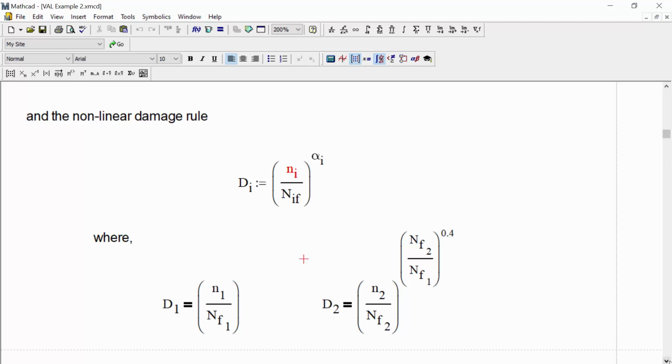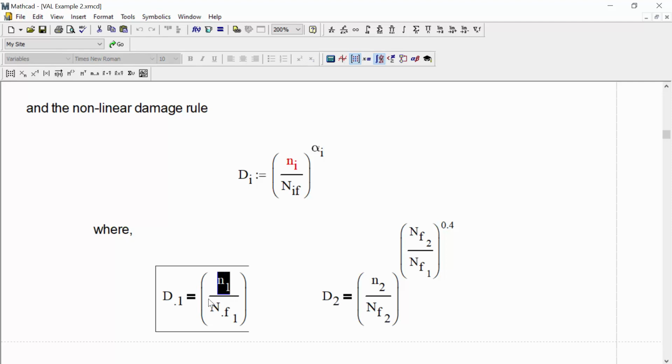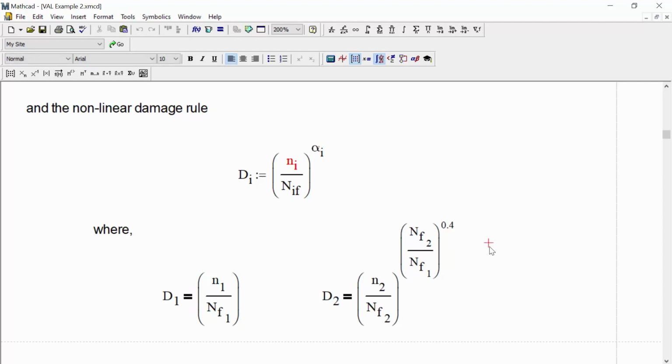If we were to actually put in iterations, replacing i with 1, d1 would be equal to n1 divided by cycles to failure at 1, and then d2 would be equal to n2 divided by cycles to failure in f2, to the power, so this is what the alpha parameter means, the cycles to failure at 2 divided by the reference level of cycles to failure at 1 to the power 0.4, right?